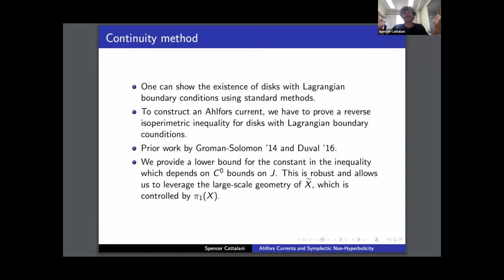But when you scale it, J also scales. So its C1 norm and everything blow up, but it remains uniformly bounded. So by working with the C0 bounds on J, you can use scaling arguments and enter the large scale geometry of the universal cover, which is broadly controlled by the fundamental group, just as a point of geometric group theory.